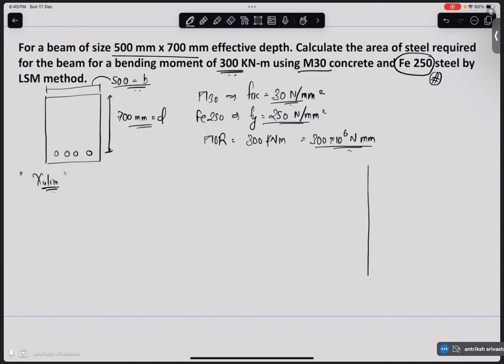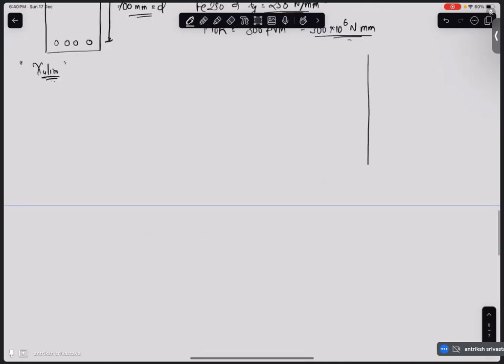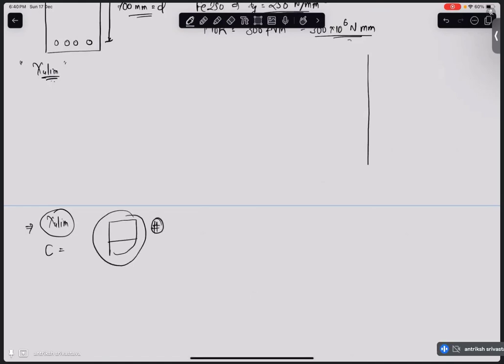Alright, so one more thing. We are going to do 3-4 things here. We are going to see how we get the formula for Xu limiting, and we are going to calculate the compression forces in each of the sections. You remember this stress diagram, we are going to see how to calculate this.